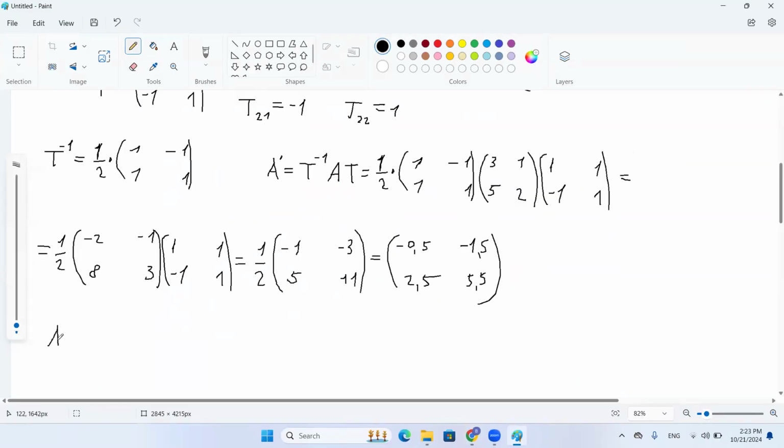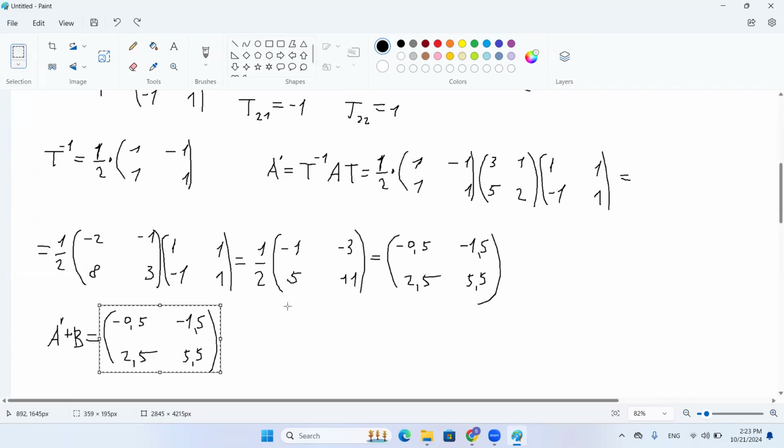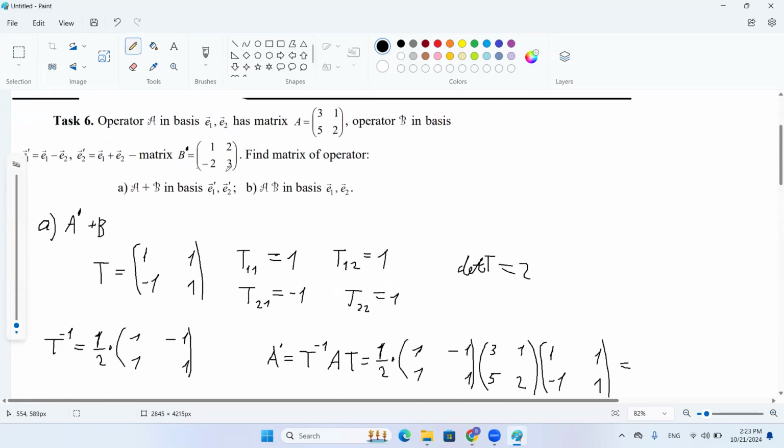So A prime plus B equals 1, 2 minus 2, 3.